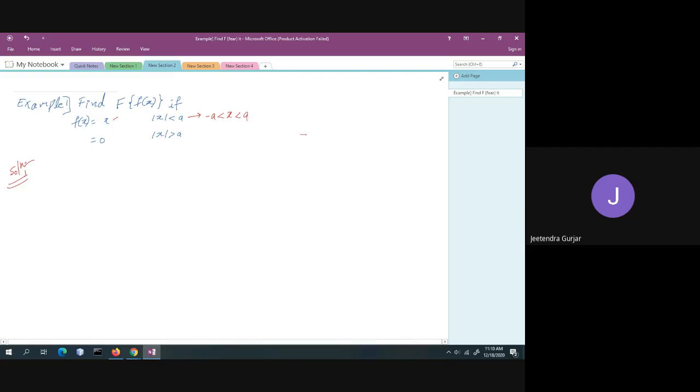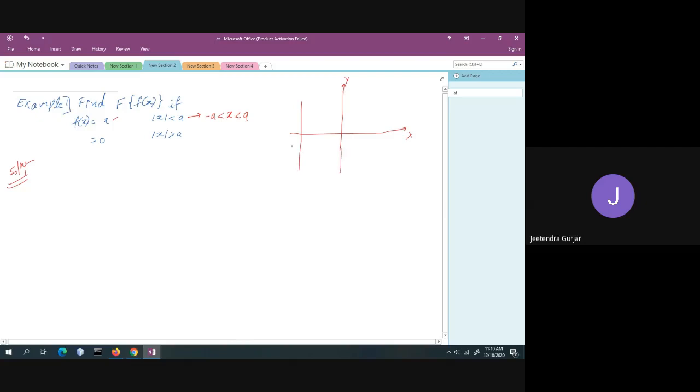Is it clear? So now I will take this as the x axis, and this as the y axis. First I will mark minus a.